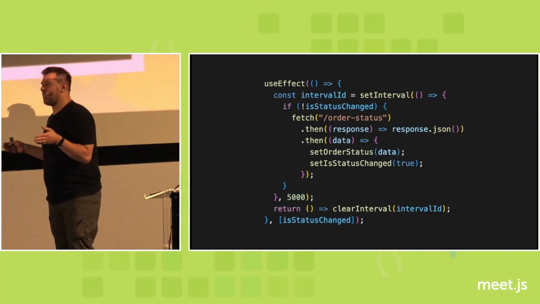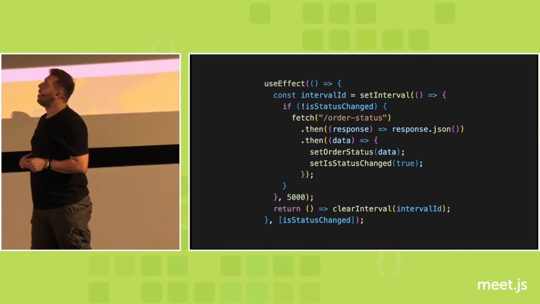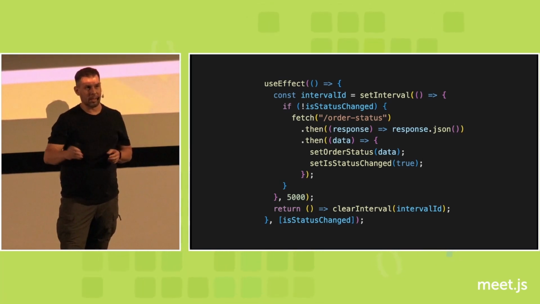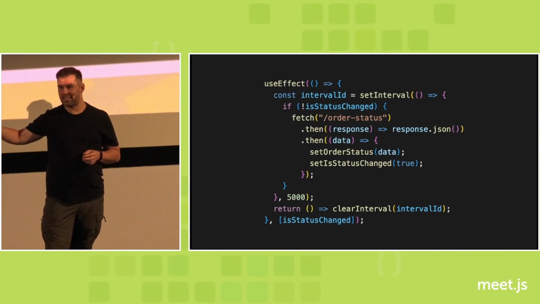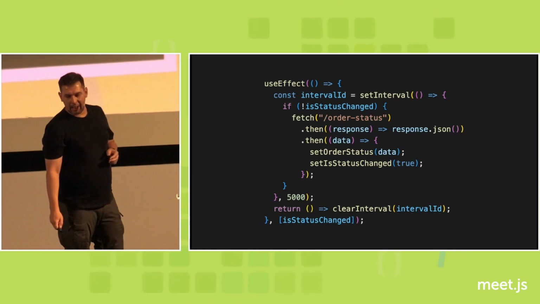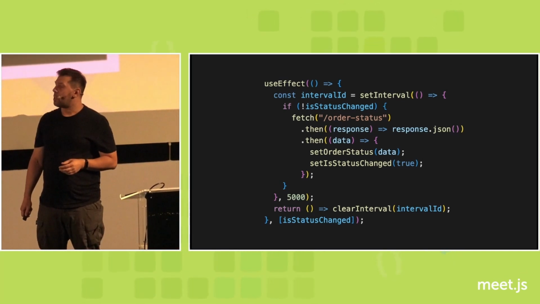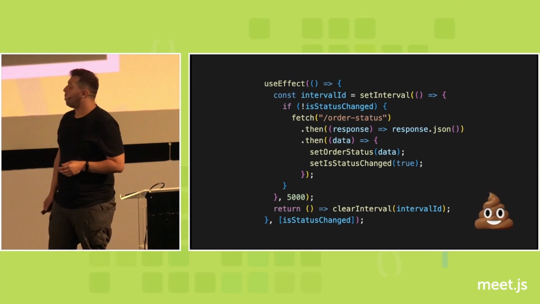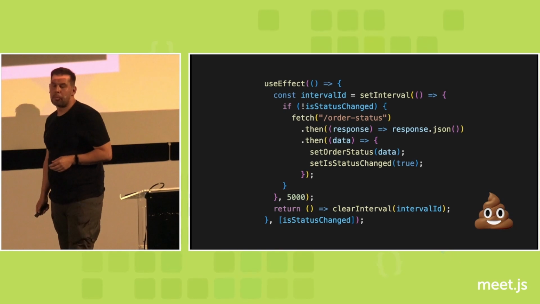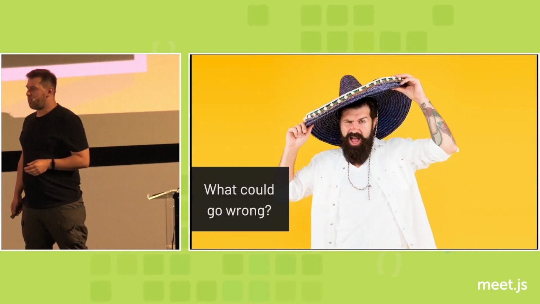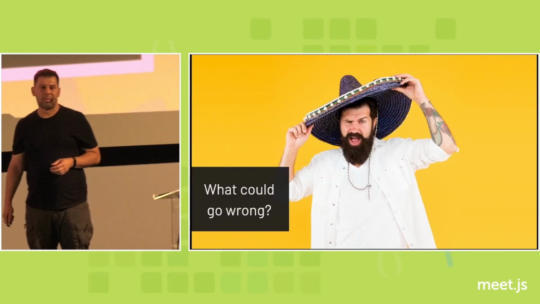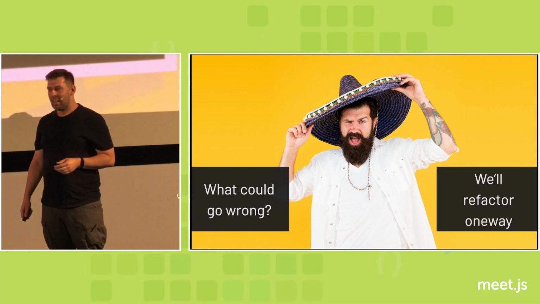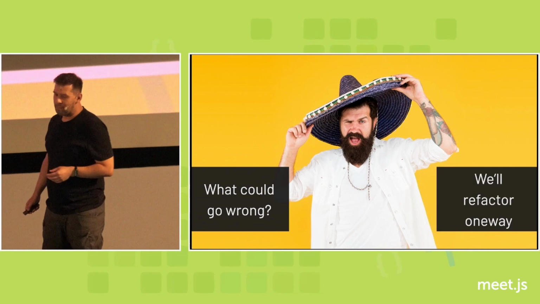So here is his brilliant idea: make an interval and fetch data every 5 seconds. And as you probably can imagine, this probably won't work well in production, but today is Friday, so what could go wrong, right? We will refactor this someday, but there is no day like someday.